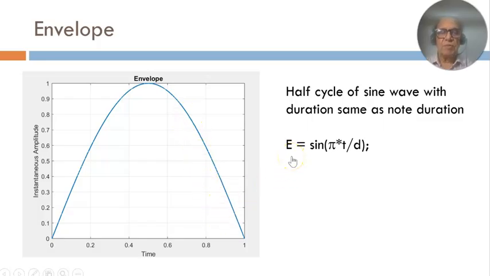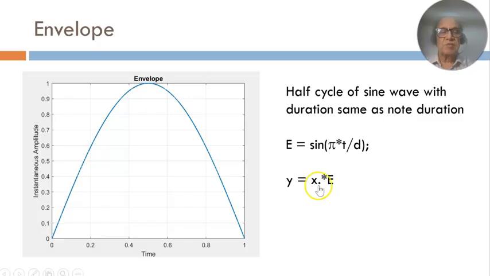But now what you have to do, in order to get the complete musical note, you have to multiply the original x with the envelope. So you generate the musical note y, which is a point by point product of x and e. Remember, the number of samples in t is same as the number of samples in e, and that is also same as the number of samples in x.